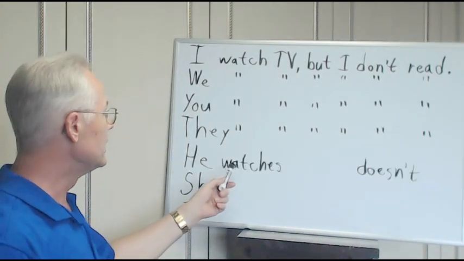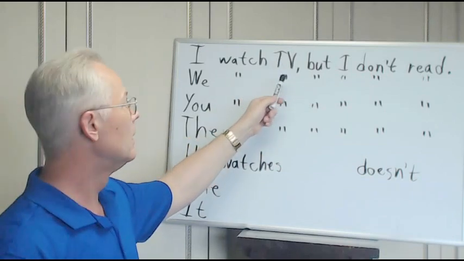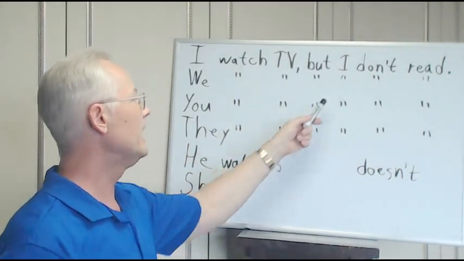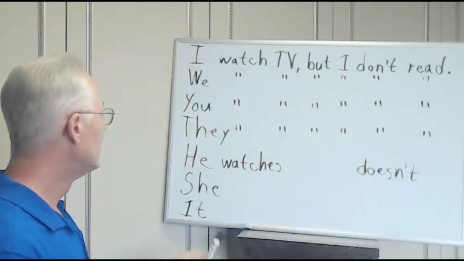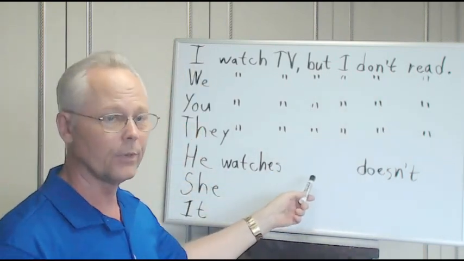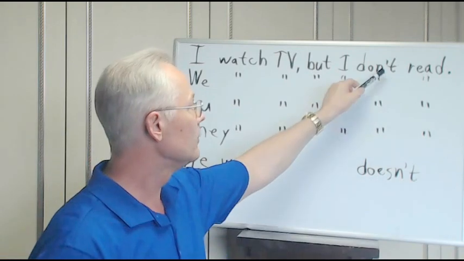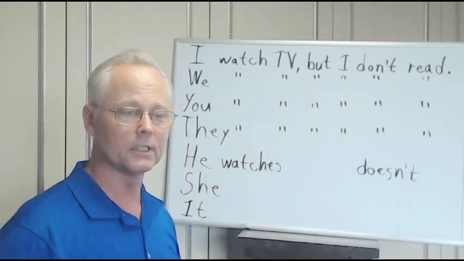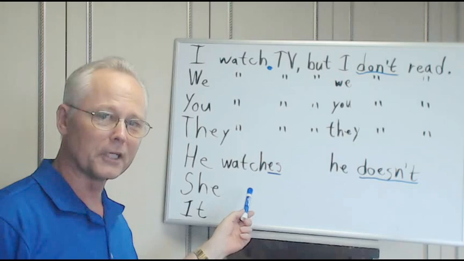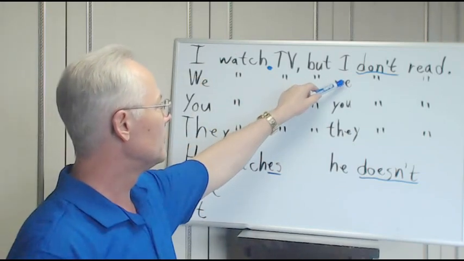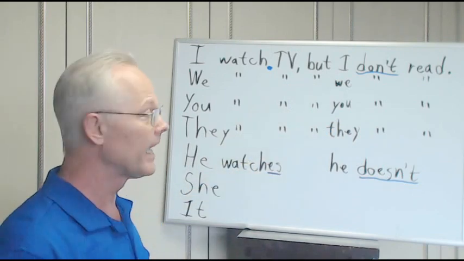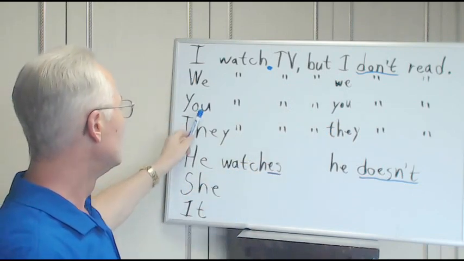Same sentence structure though. He watches TV, but he doesn't read. Don't, doesn't. Changes. Here's a little better looking board for you. So we have we, you, they, a little easier to understand. Let's go down here.